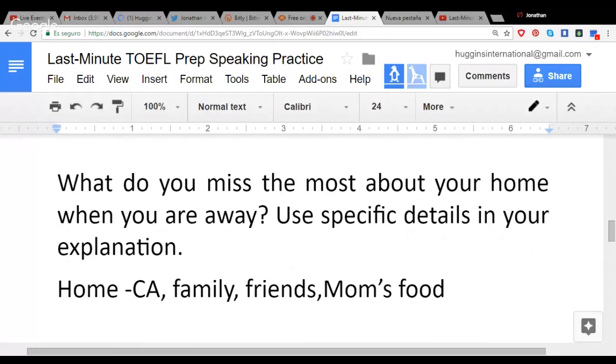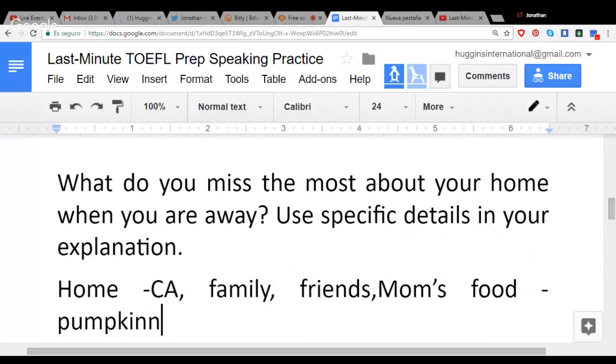Okay, so I got a little stuck there at the end because the topic of my mom's food was not specific enough. So I should have been more specific and not just stay vague. I probably should have given myself a detail like pumpkin pie or her banana bread, which is really, really good.